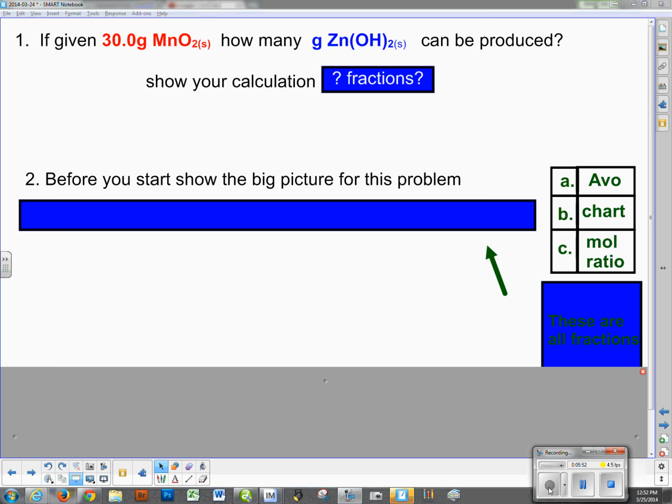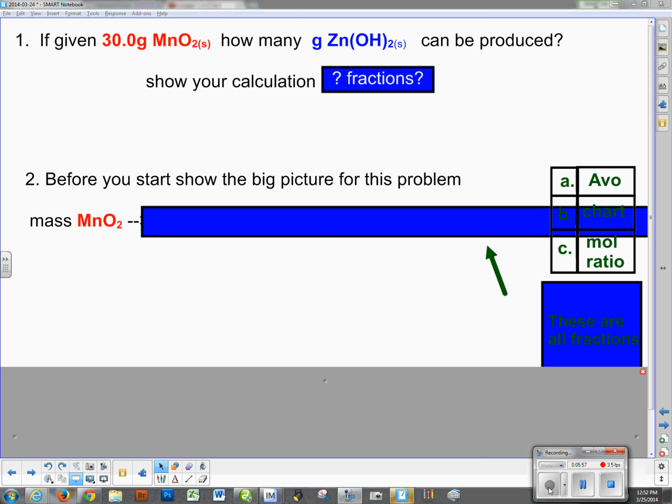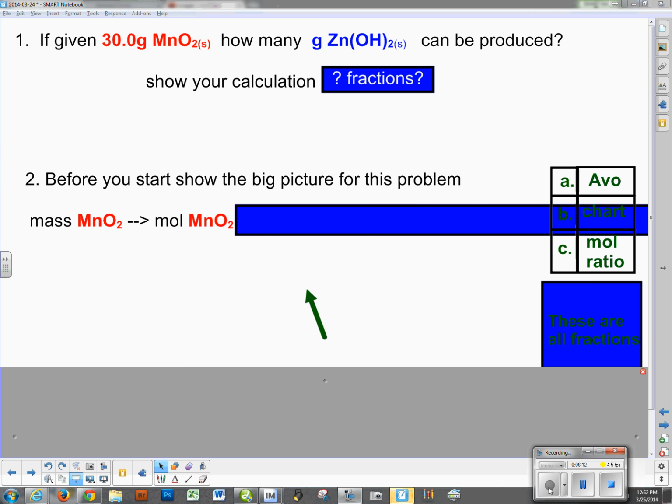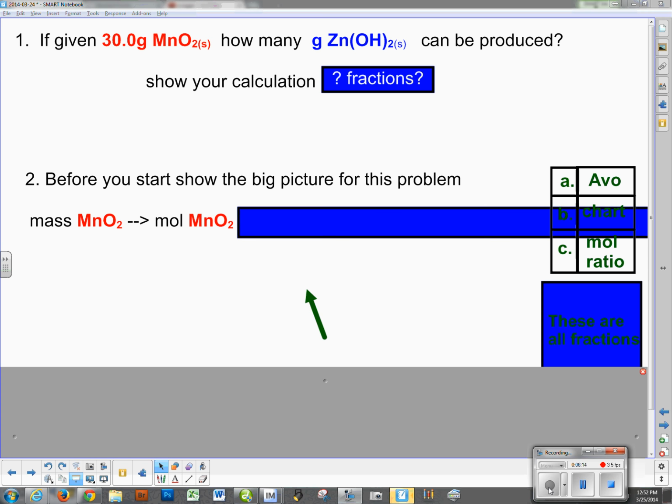Okay, now that we're back, let's look and see how you did. Your given over 1 would be the mass of the manganese, correct? So that's your given. And that would always be the mass of manganese over 1. And then we would convert that into moles of manganese. And here, let's put in these guys as we go. The chart's going to take us from our mass into moles.